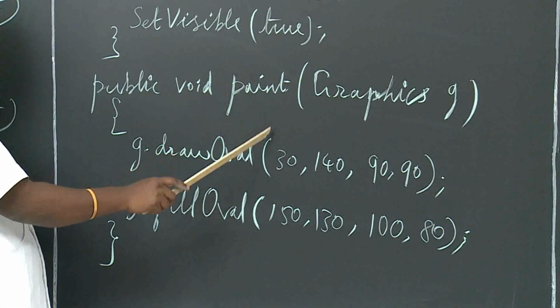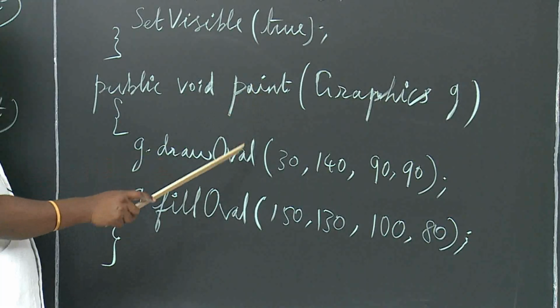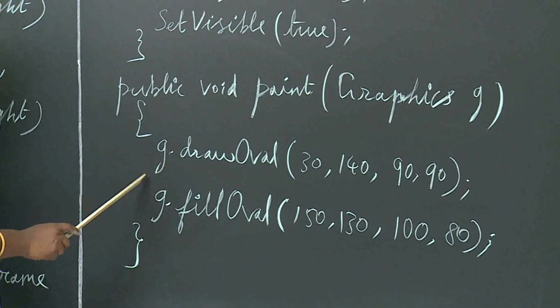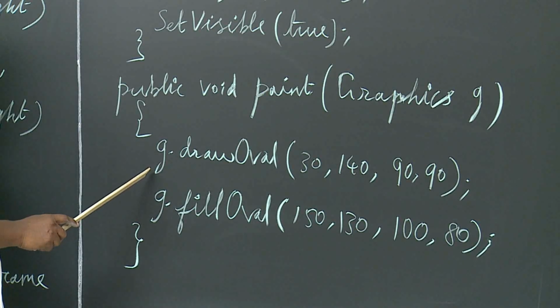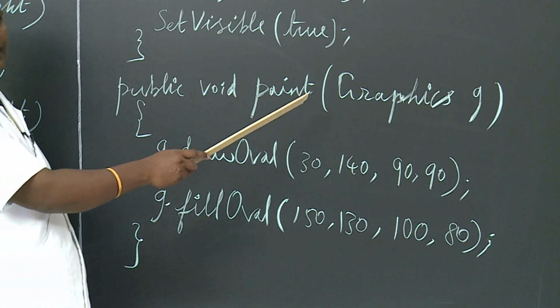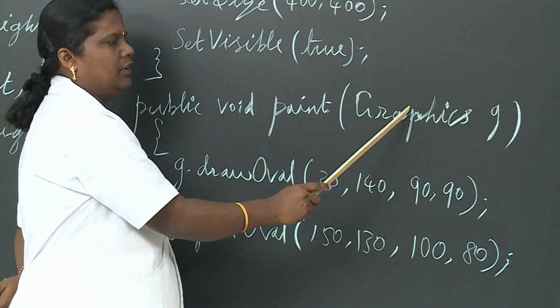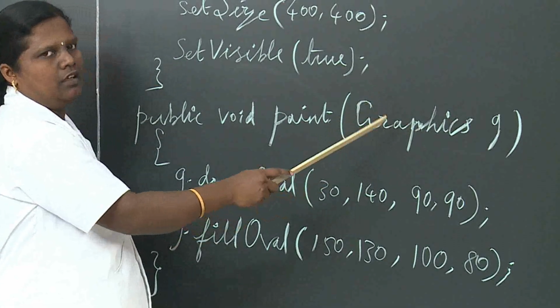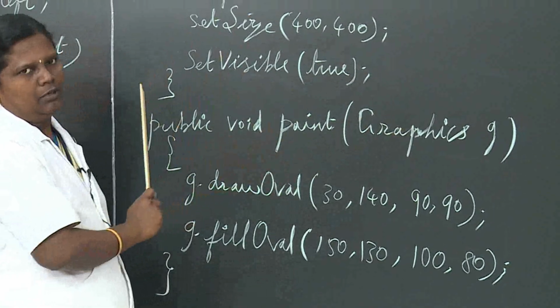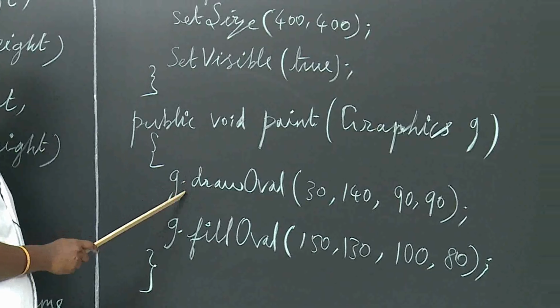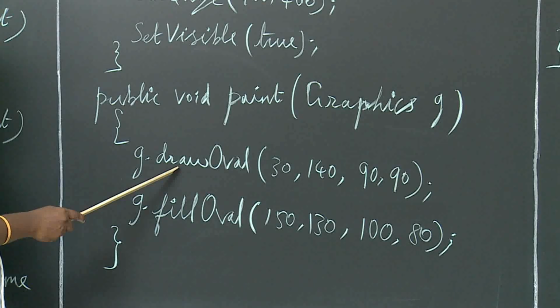So that's why this is included within the paint function, along with the object g, which was already created in the function header itself. The function header includes Graphics, a class available within the AWT package, so it is going to enable the same. With this object, the drawOval function was called.